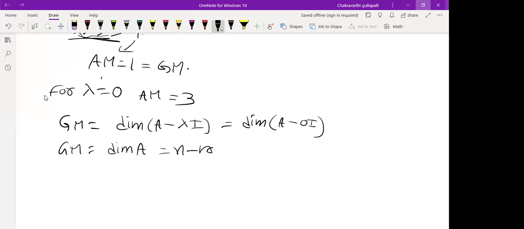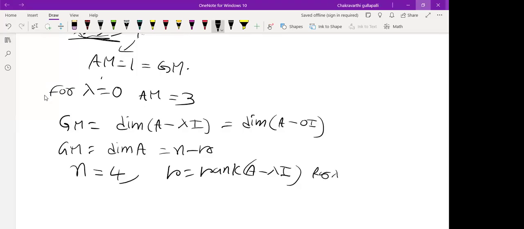N is the number of columns, that is 4. What is r? Rank of A minus lambda I for lambda equal to 0, which is the same as rank of A.